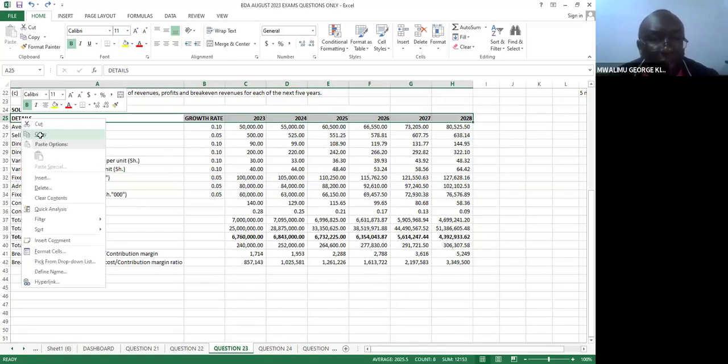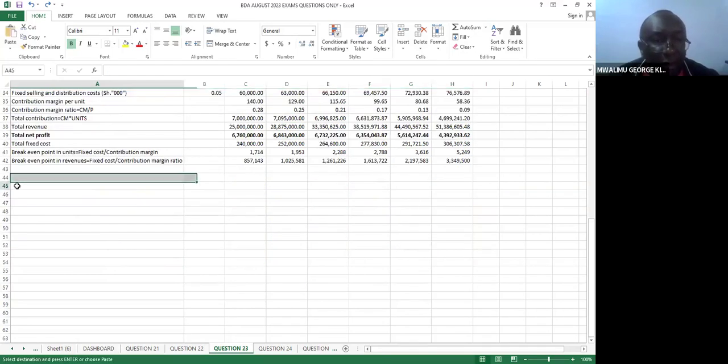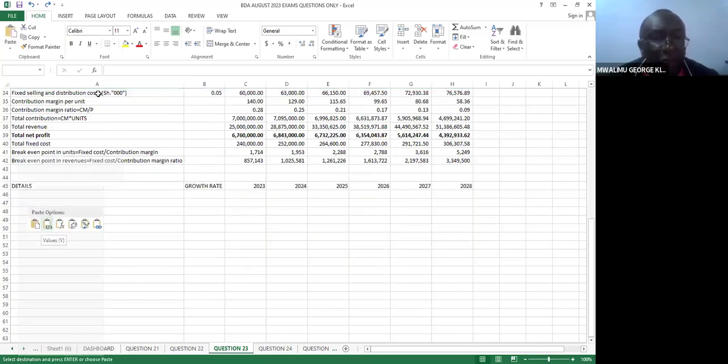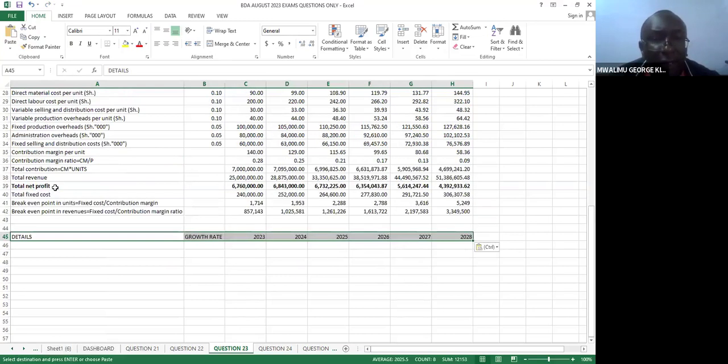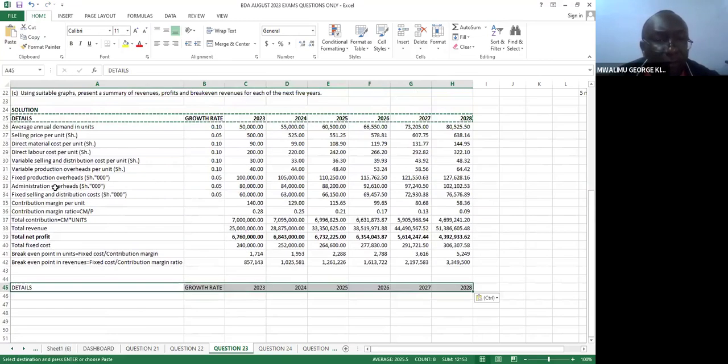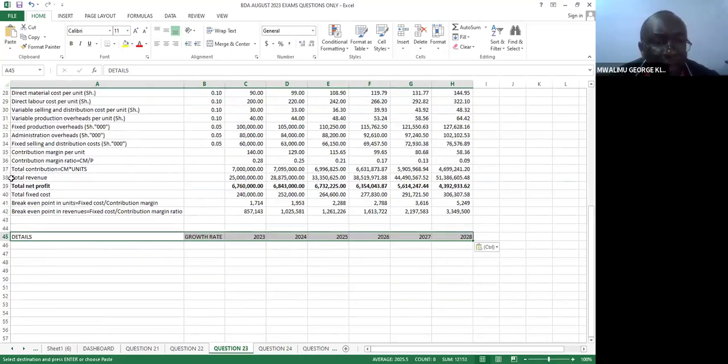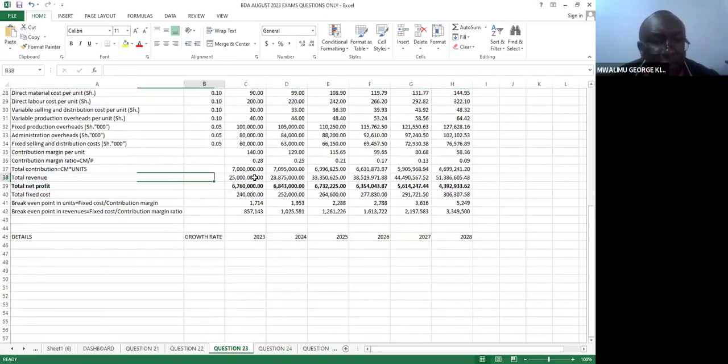So copy. Let's come here. Paste special so that it does not change. Let's take the other one they want, which is revenues. So we come and take this one here.